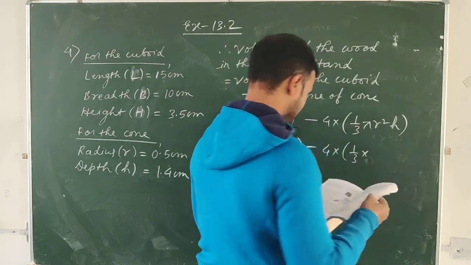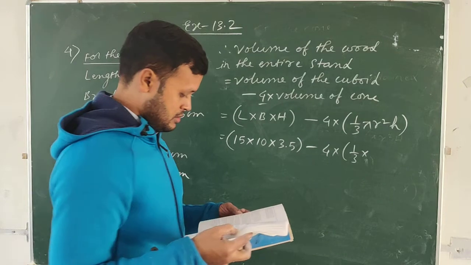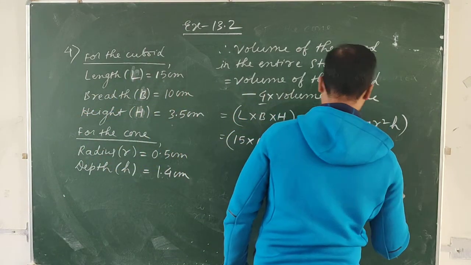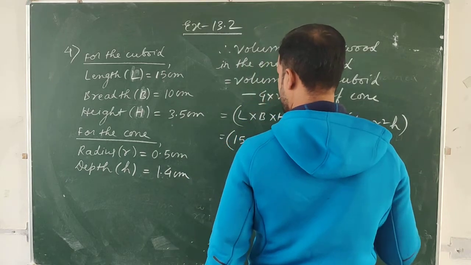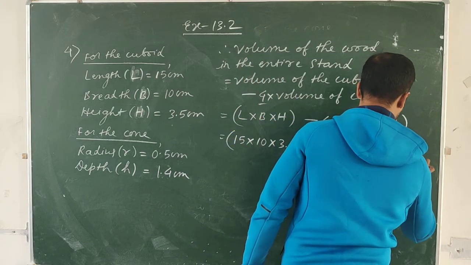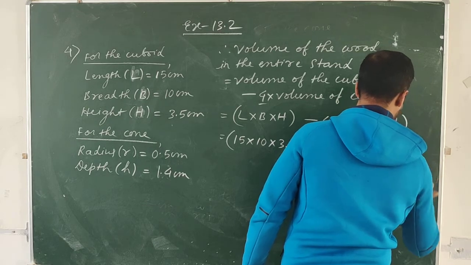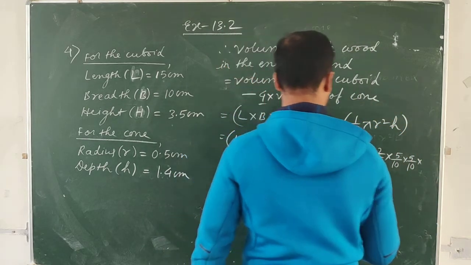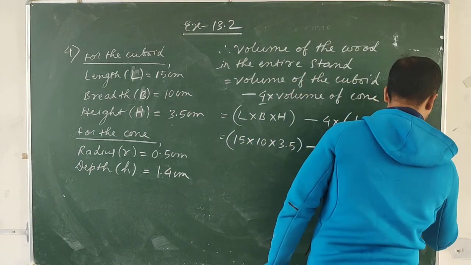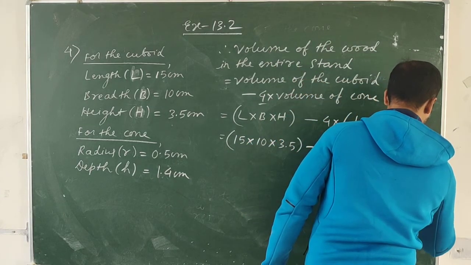The value of pi is 22 by 7, into 5 by 10 into 5 by 10 into the depth, which is 1.4, 14 by 10.